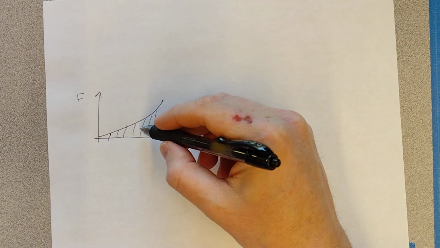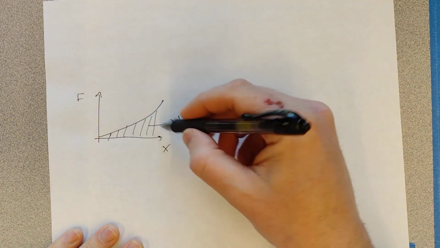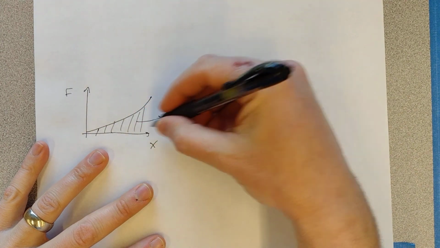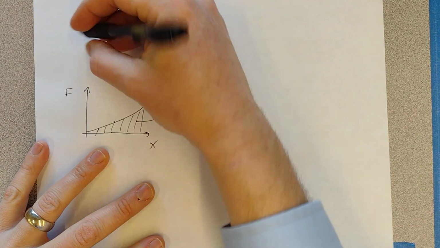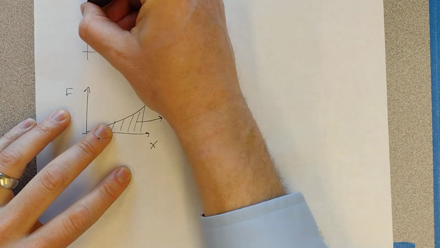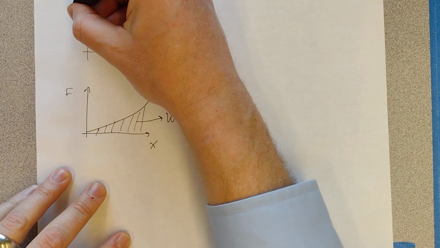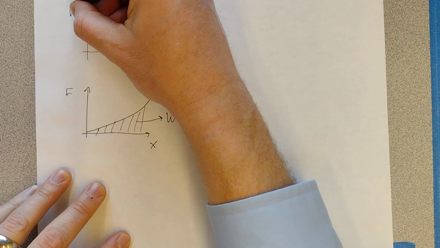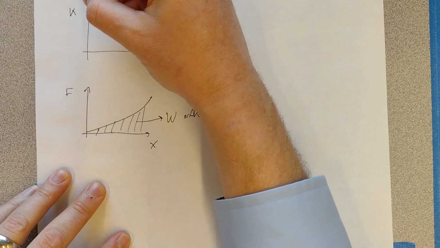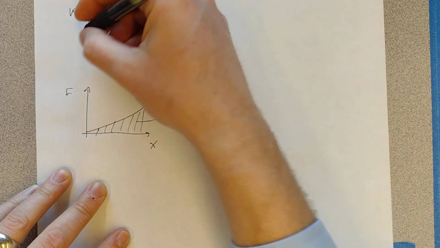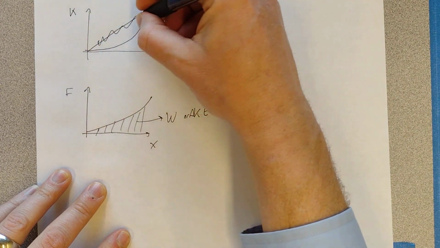When we had other functions, we took the area under the curve, and we said that took us up a level. The antiderivative of this function brings us up to work. So what's interesting is, this would be a curve, not linear.